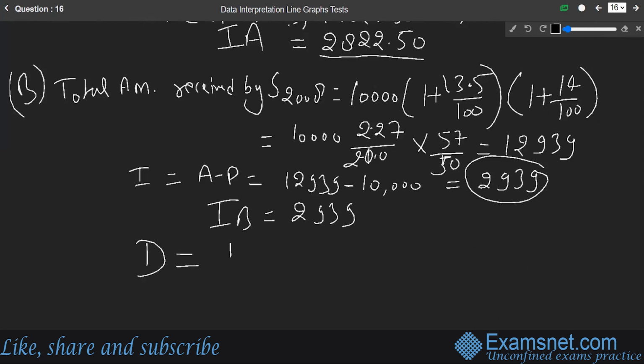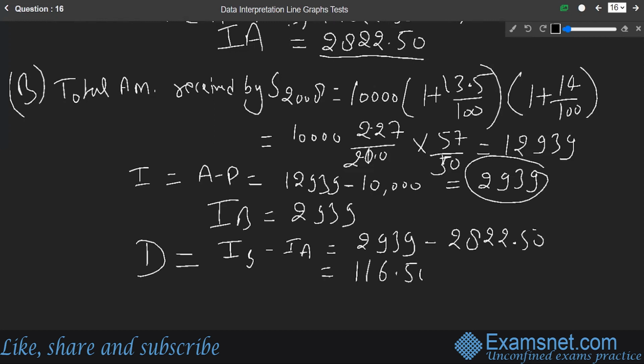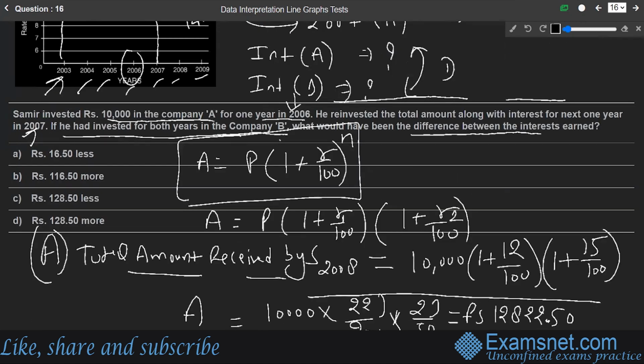So the difference can be found by interest received in company B minus interest received in company A. That is nothing but 2,939 minus 2,822.50. If you do the difference, this comes out to be 116.50. So that is the real difference they were asking for, 116.50. That becomes the right answer, which is clearly available in option B. That is the right answer.